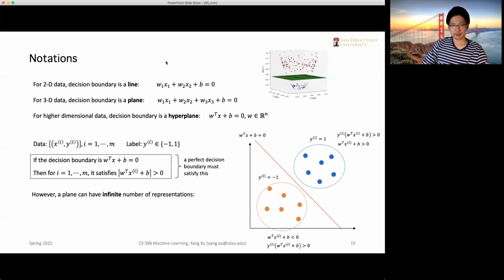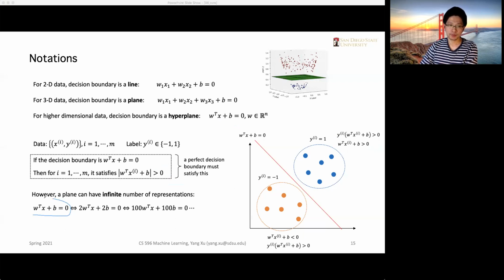Here we are facing a problem. A plane can actually have an infinite number of representations. I think that is easy to imagine. For example, the plane in this form can also be expressed by this form if we multiply both sides by 2, or by 100, 1,000, 1,000,000.